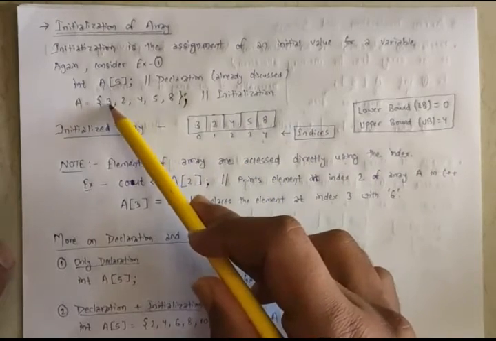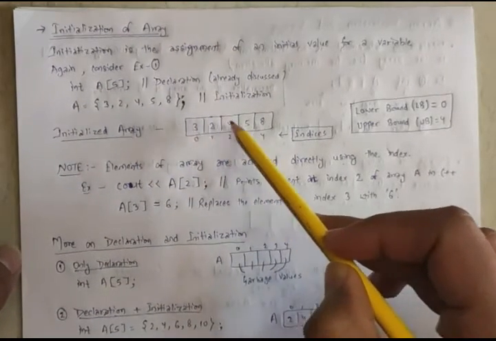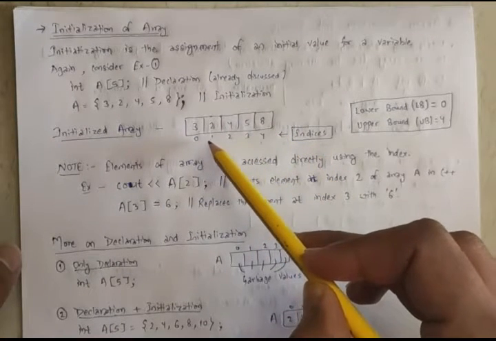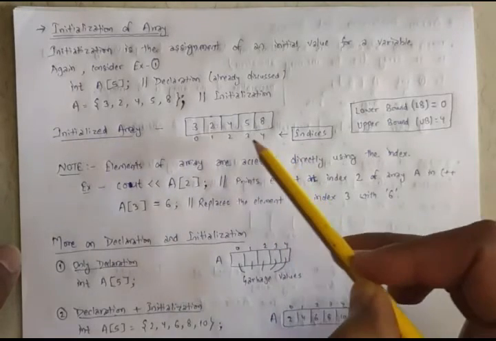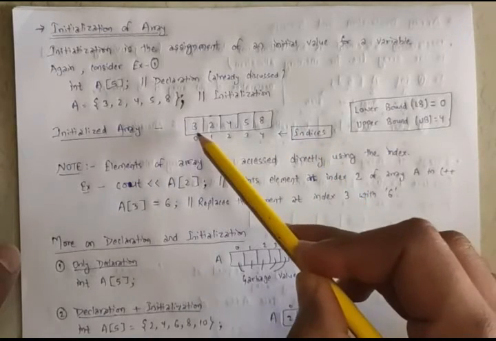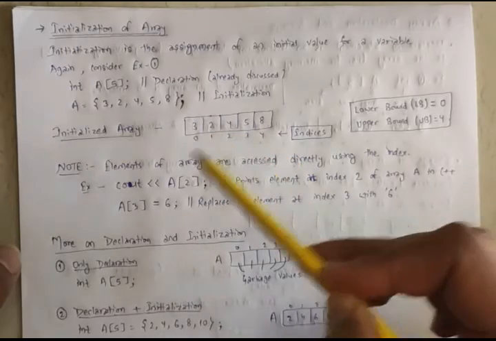You can see that the first element is stored here, then the next element, and so on. These are called the indices of the array. Indices are the positions at which the array elements are stored.